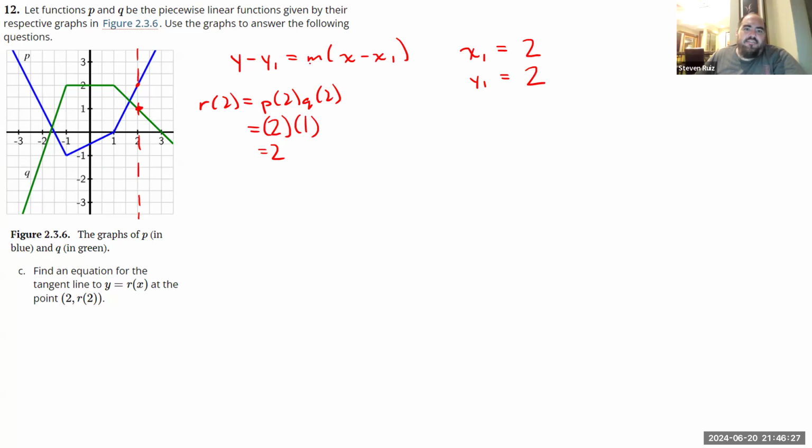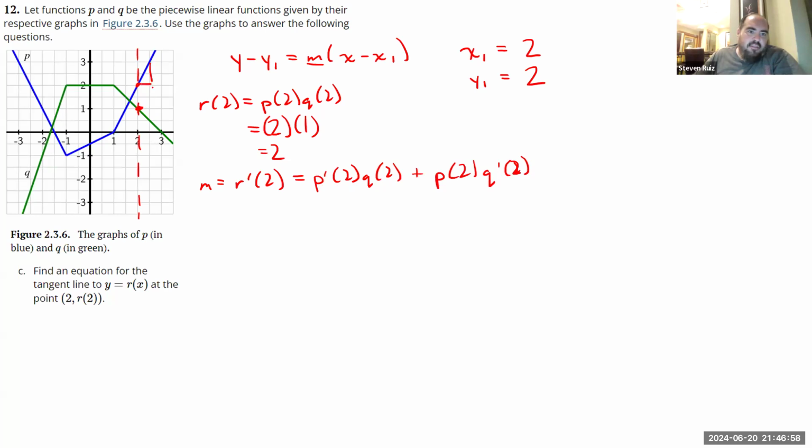Now, the last thing we need to find is that slope. Where's our slope going to come from? Our slope is going to come from the value of r prime of 2. And that will be, because of product rule, p prime of 2 times q of 2 plus p of 2 times q prime of 2. So what is the slope of p at x equals 2?